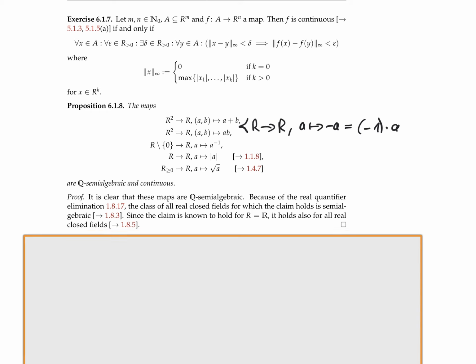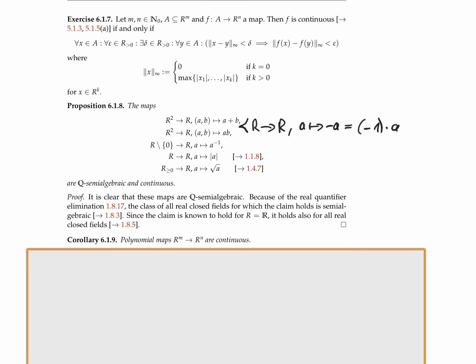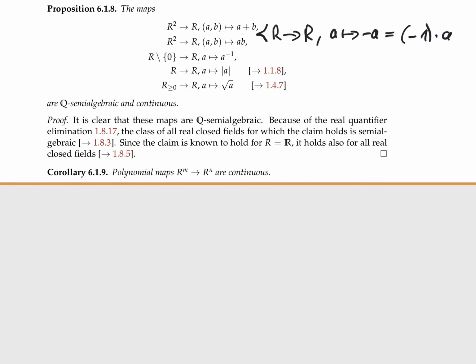So now, corollary: polynomial maps from R^m into R^n are continuous. Here I did not give a proof, but let's do it as an exercise. So let me say I have such a polynomial map. What does it mean that a map is polynomial?